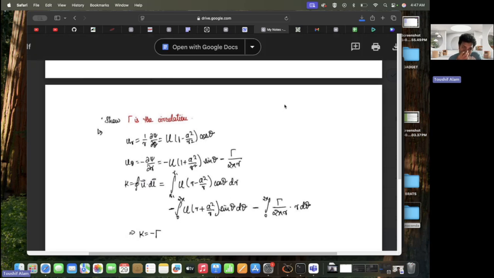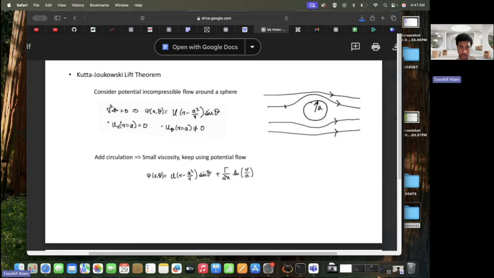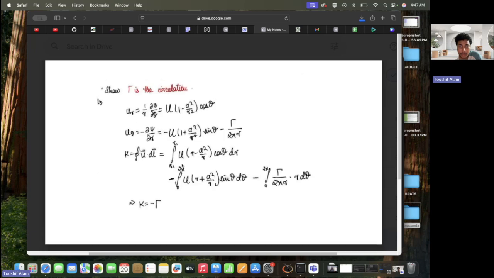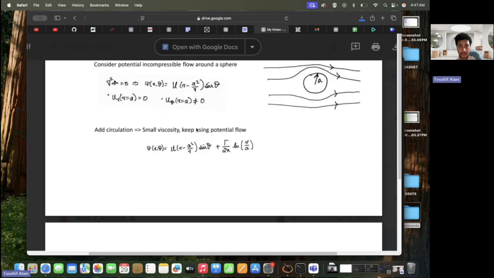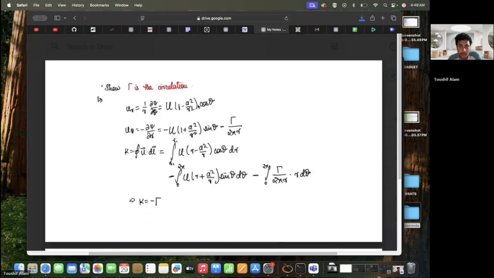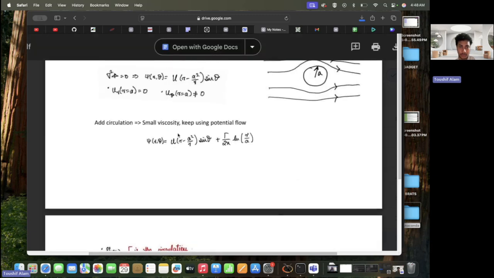If you just differentiate this equation, you will get cos theta from sin theta, and then u theta and del psi by del r will be this, right? This is the theta and this is the r form.